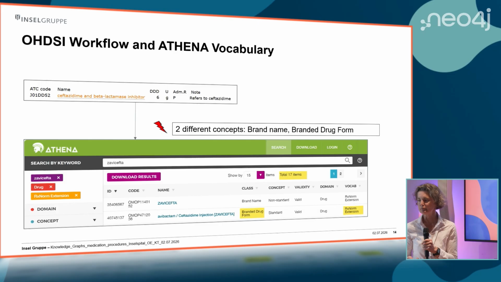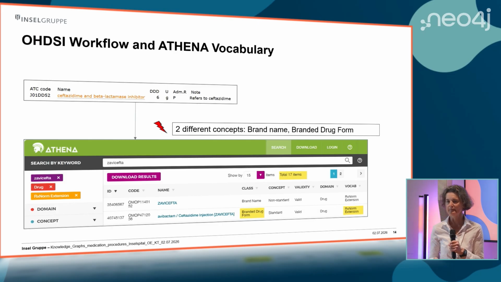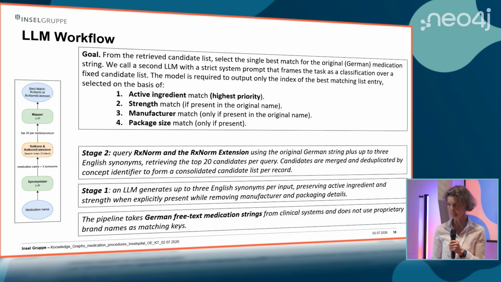The Odyssey workflow has the advantage that standard classifications are offered. And you see here that for the two mentioned drugs, there's a representation already available, which should be the target. The LLM workflow was set up in a way that in the first stage, as I already mentioned, synonyms were created, which we needed because we had to overcome this language gap between German and English.